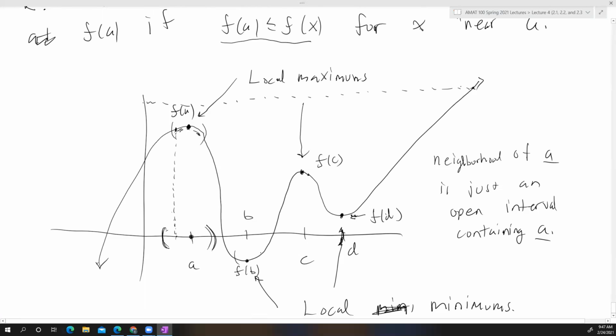And the same thing, I can take an open interval right here and it satisfies the definition. So f of B is a minimum. I have this open interval right here and this open interval right here. So this is a neighborhood of B, this is a neighborhood of C, and this is a neighborhood of D. And you can see that all these points either satisfy the definition of a local max or a local min.